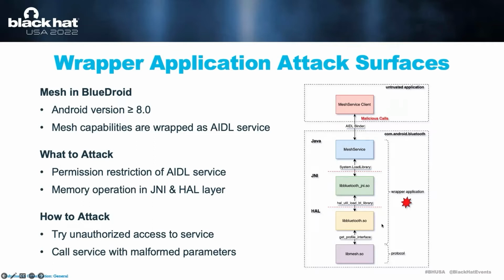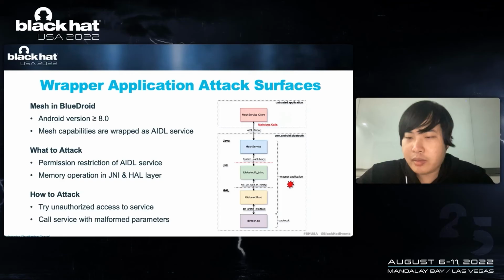These two layers are often implemented using C or C++, which are very likely to involve memory corruption vulnerabilities. So we can try to call the mesh service with malformed parameters to see what happens. So in conclusion, permission restriction and memory operation are two main attack surfaces in the wrapper application, and we will show more details in the case study part.